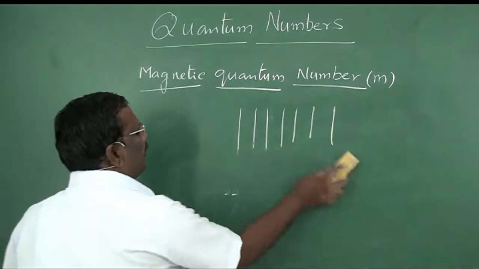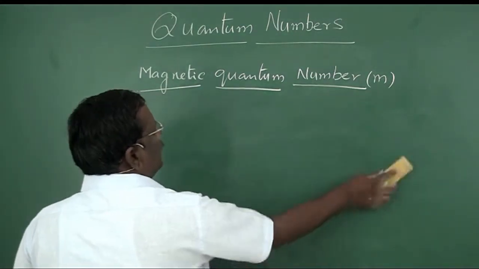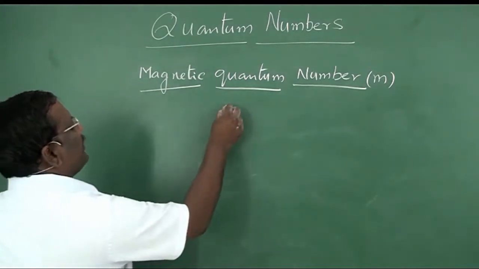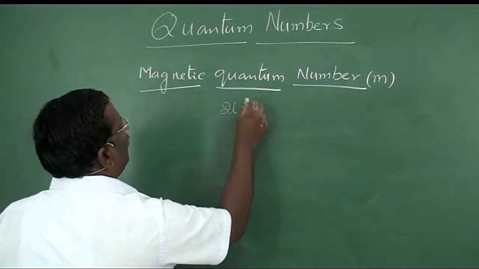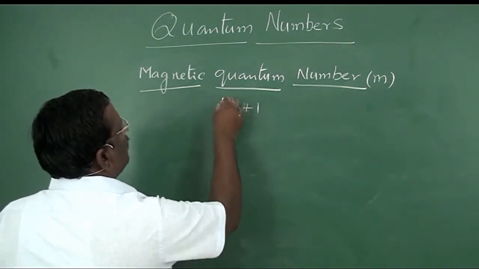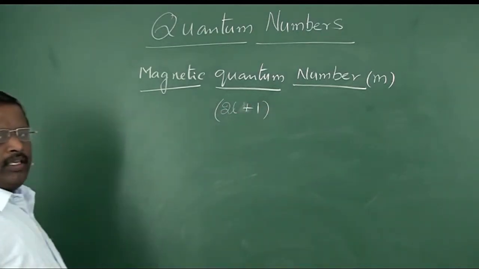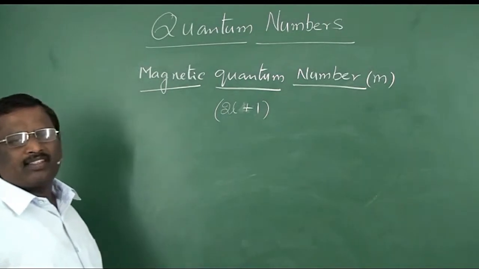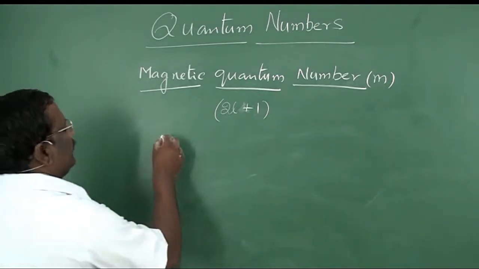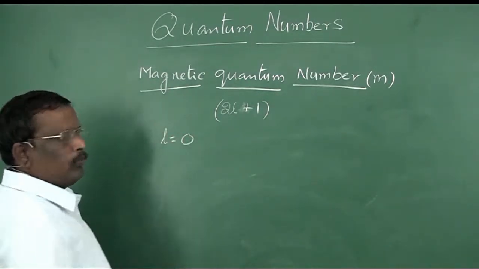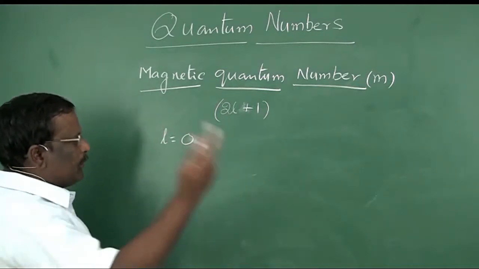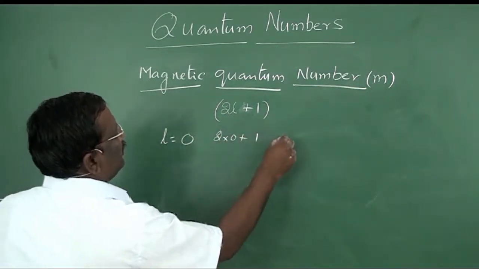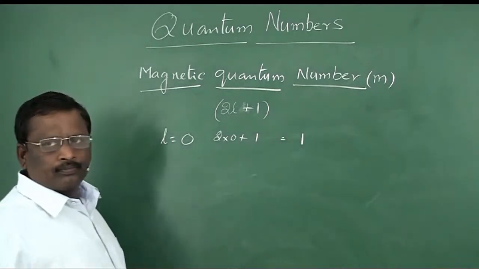The number of orbitals present in each sub-energy level is equal to 2L plus 1. For example, if L is equal to 0, the number of orbitals is 2 into 0 plus 1, that is equal to 1.